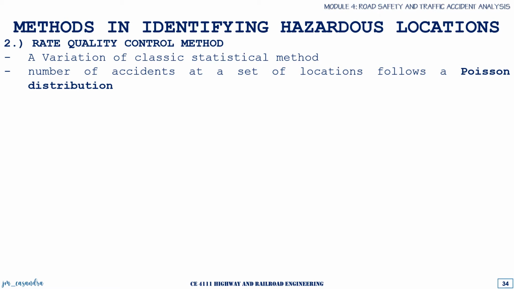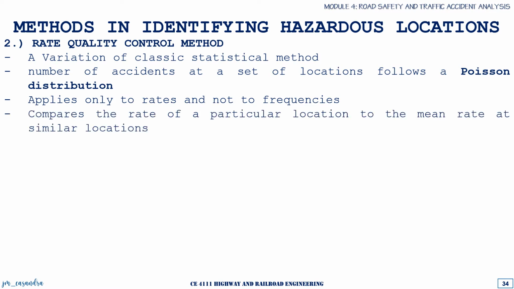Meaning it's a random distribution. So this would simply apply to rates of accidents instead of frequencies. So in rate quality control, we compare the rate of a particular location to the mean rate at similar locations.